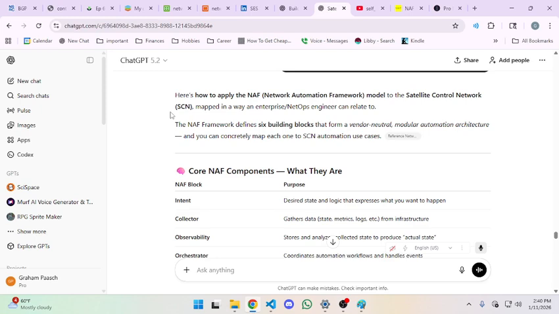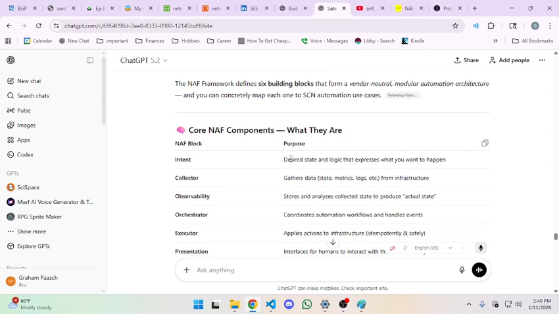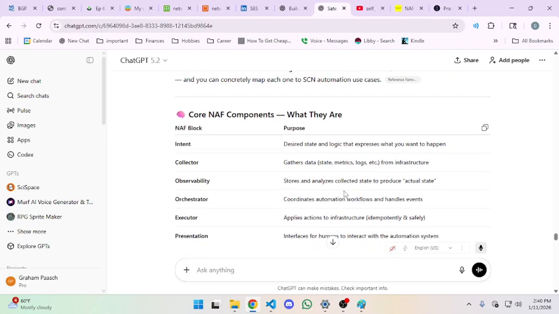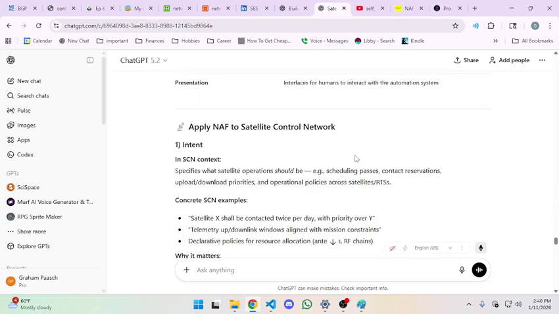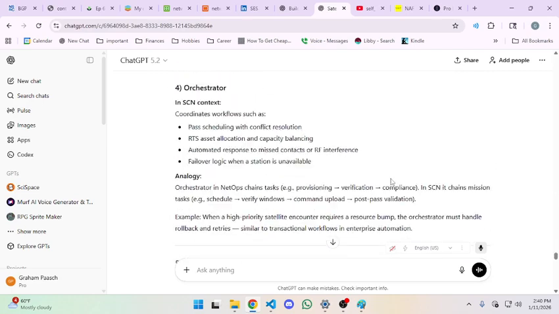Okay, so here's how to apply it to a satellite control network. Intent: desired state and logic that express what you want to happen. Collector gathers data, state matrix, logs, etc. from infrastructure. Oh man, there's a lot.